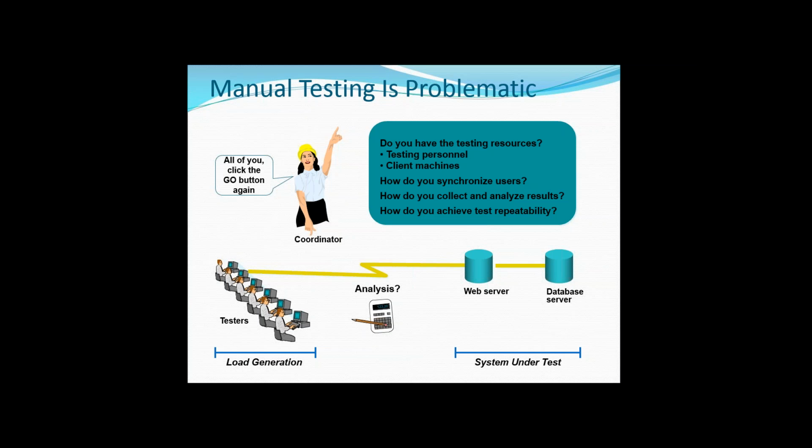What I mean to say is, if I want to do this performance testing manually, I need all the resources to be physically seated in front of the computers or laptops. If I am the coordinator, when I say ready, 1, 2, 3, go, all 100 users have to click the login button at the same point of time.